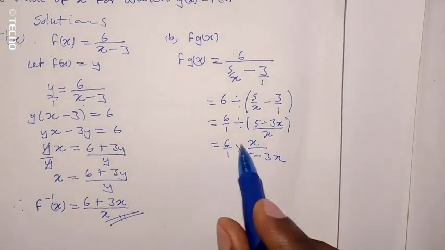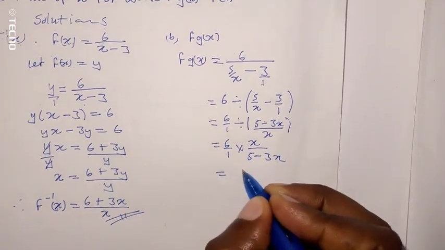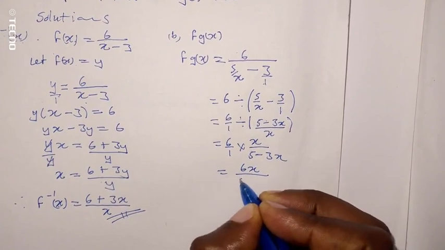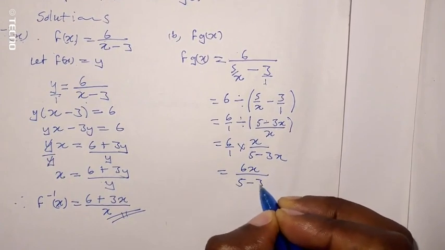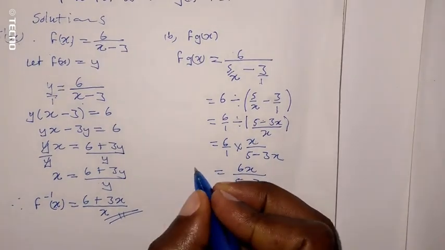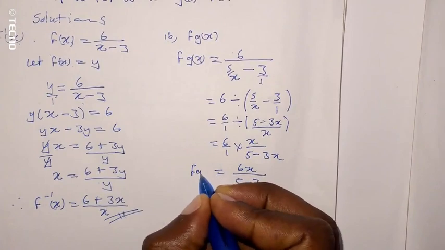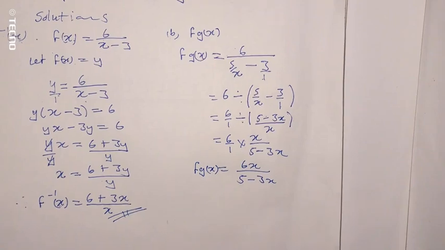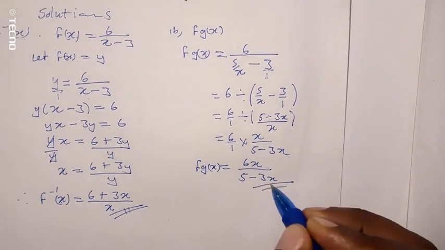Then you multiply this and this, and you will get 6x over 5 minus 3x. So this is our f g x as an answer.